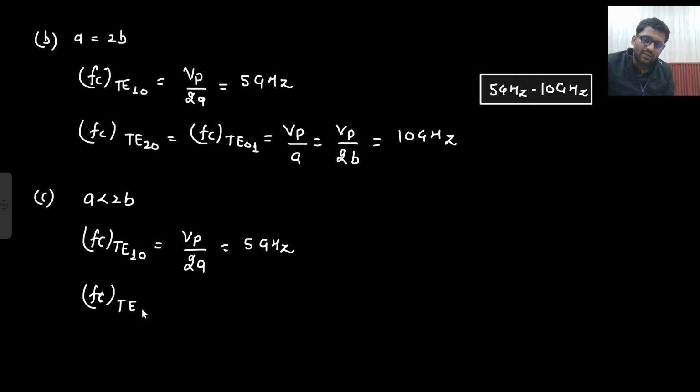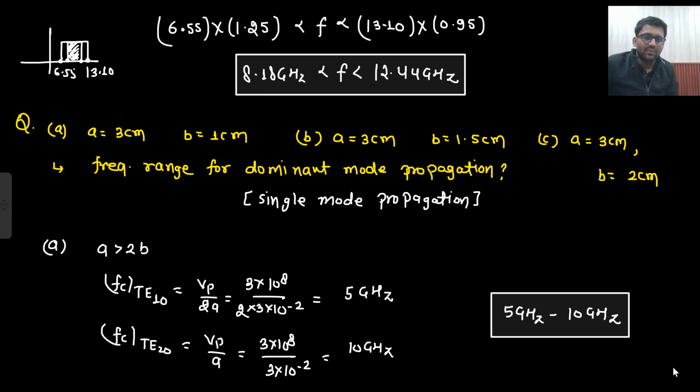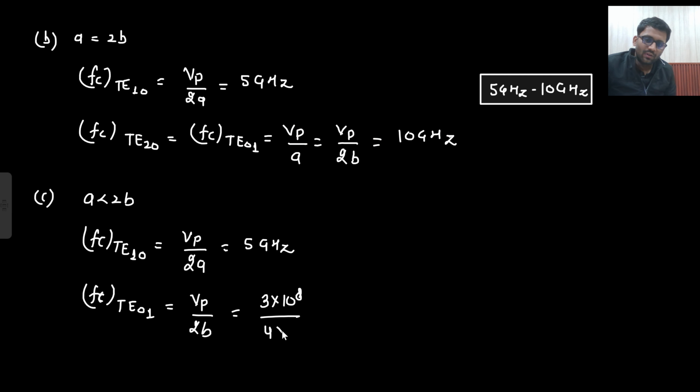Fc TE01 you will calculate. So Vp by 2B. So what that would be? 3 into 10 to the power 8 divided by 2B. So here it is 4. So 30 by 4, 7.5 gigahertz. So what is the frequency range you are getting?